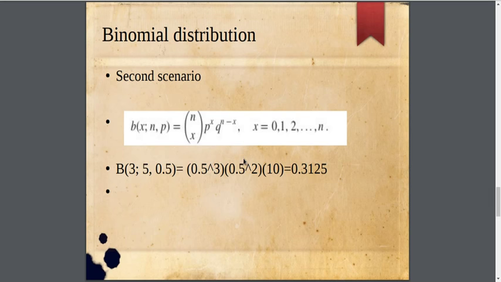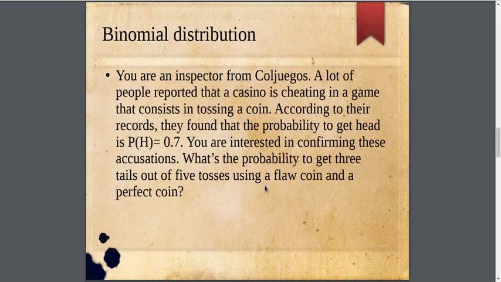And remember that x is always a discrete variable, so it can only have discrete values: 0, 1, 2, etc. And now that we have this formula, we can go ahead and calculate the second scenario, which is when the coin is perfect.